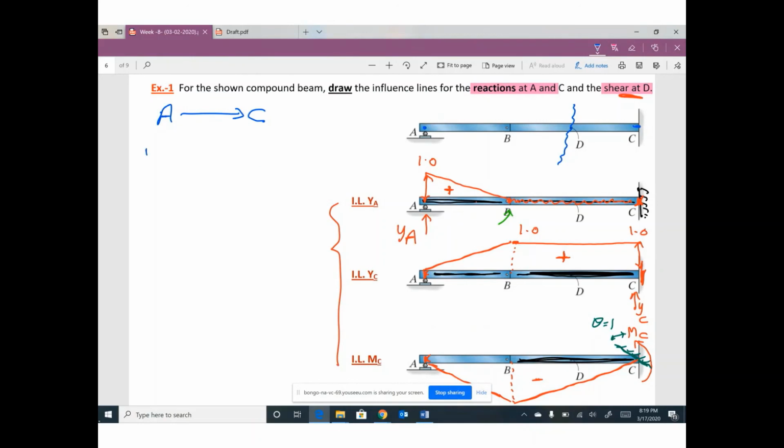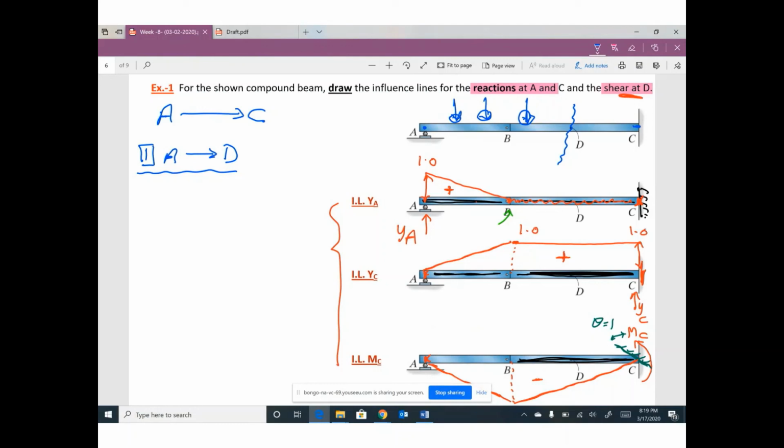So the first part of your trip from A to D, that means your moving load is probably at any of these locations from A to D.